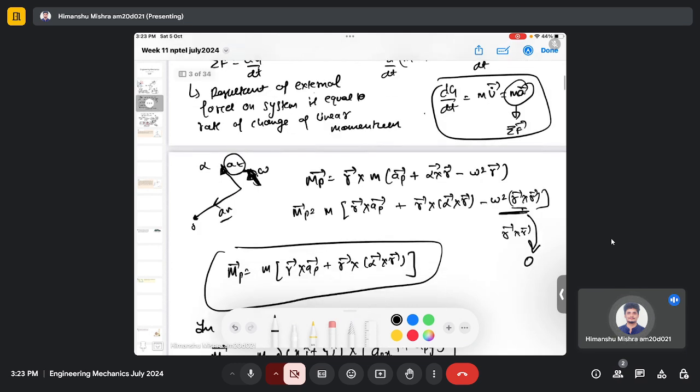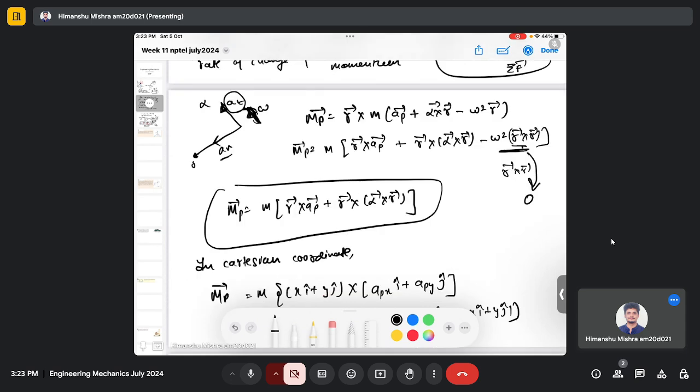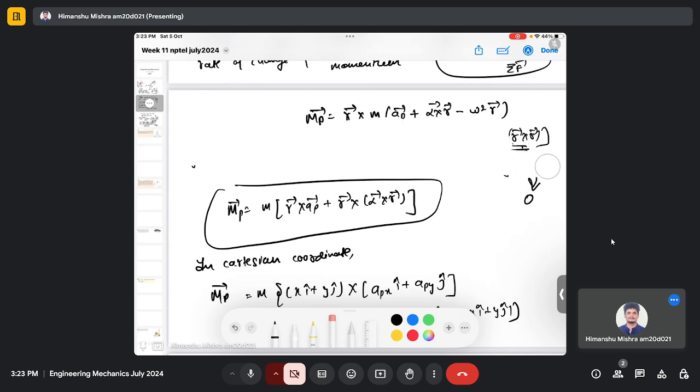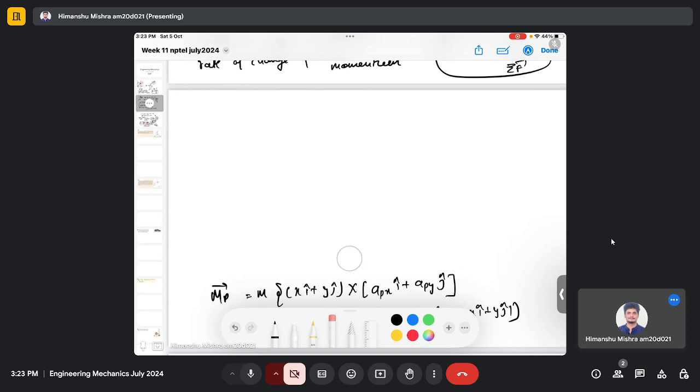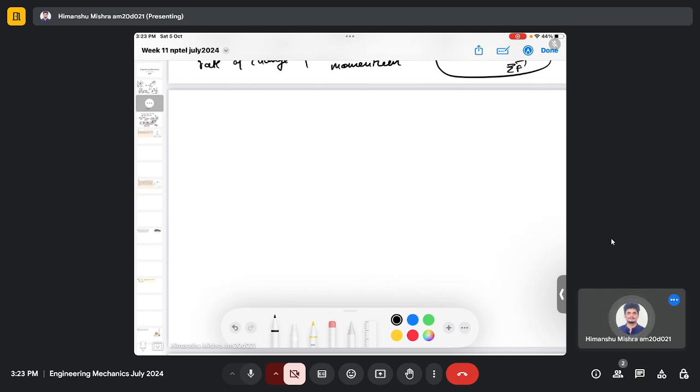Similarly, we can define the angular momentum. The angular momentum of a mass system at some point is the vector sum of moments of linear momenta about O. So if H is the angular momentum at point O, then it is a summation of all linear momenta.